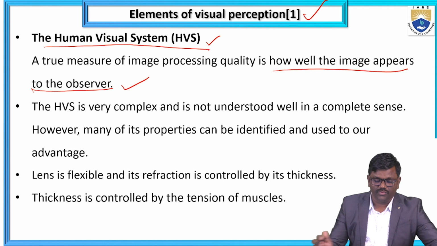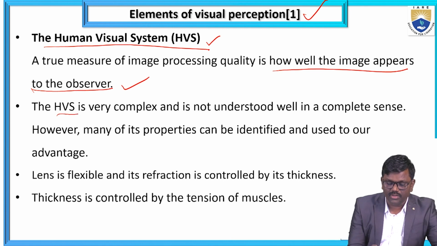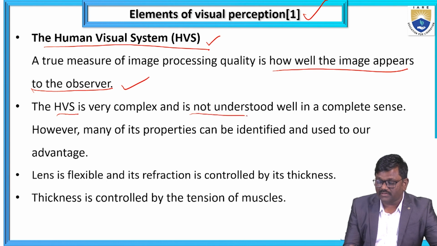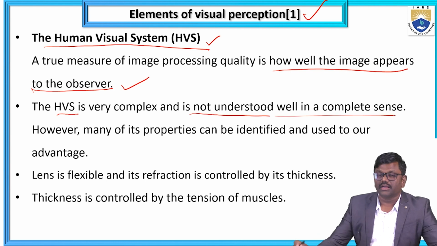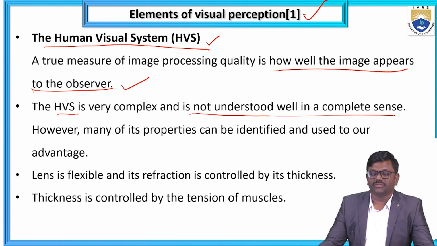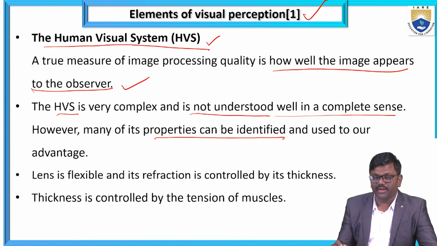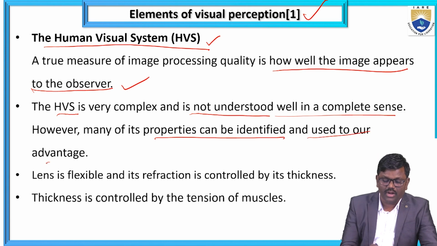The HVS, the human visual system, is very complex and is not understood well in its complete scope. Its properties can be identified and used to our advantage.